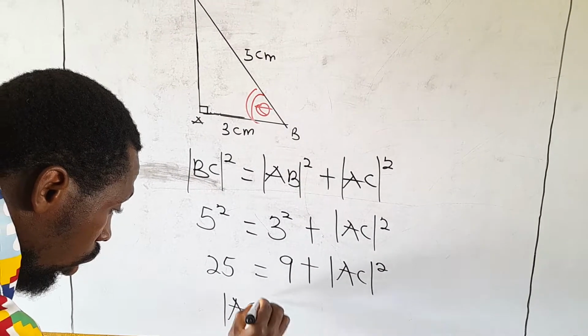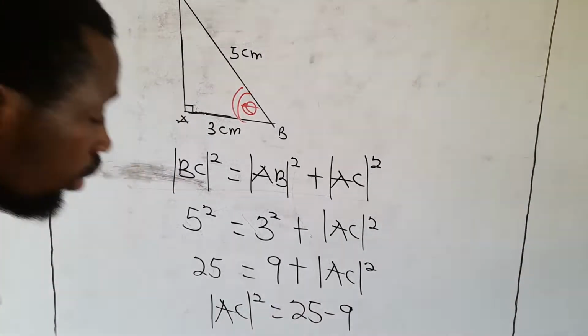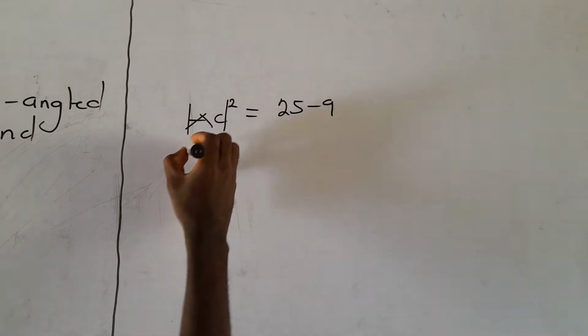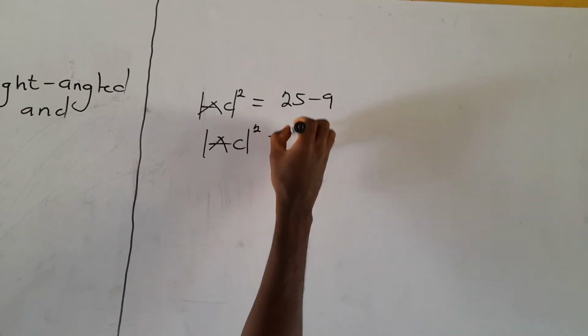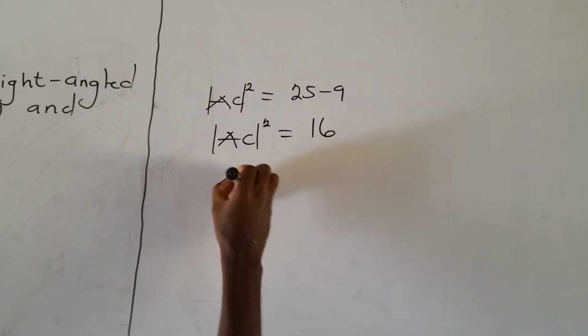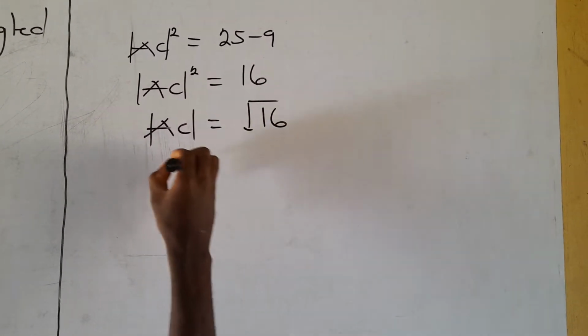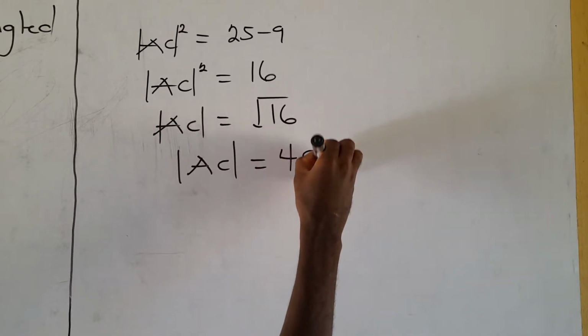Our AC square will be equal to 25 minus 9, which is 16. So AC will be the square root of 16, and AC will be equal to 4 centimeters.